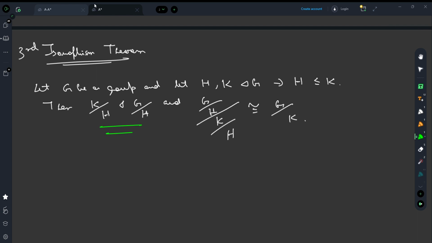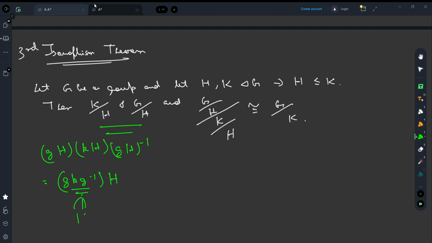Now proving this is fairly trivial, because if I choose an element from G mod H, say gH, and I conjugate any element of KH using this element, then by group operation it's nothing but gkg inverse H, but K is normal, right?